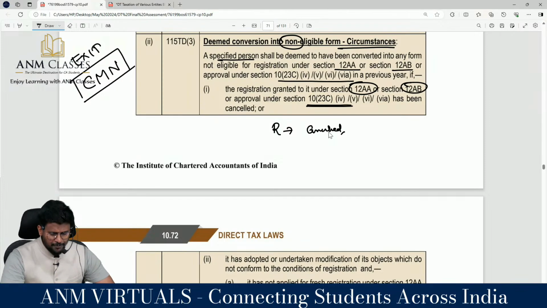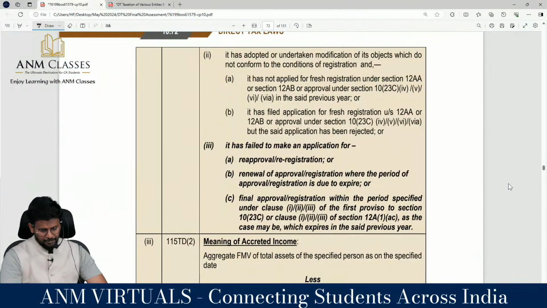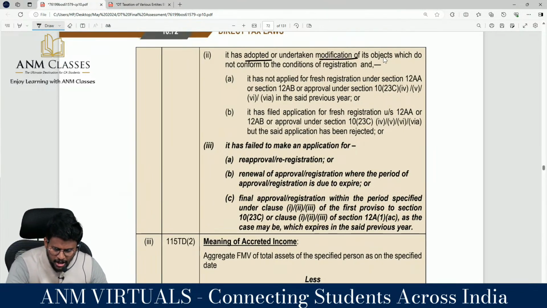If the registration has been cancelled, sir, it is like a deemed conversion. Number 2, the second part: it has adopted or undertaken modification to its objects which do not conform to the condition of registration.